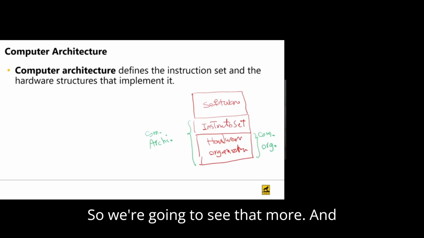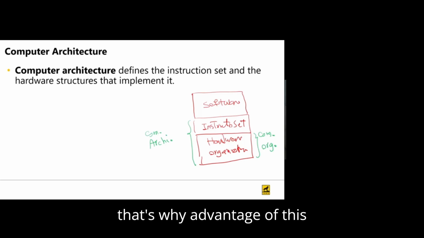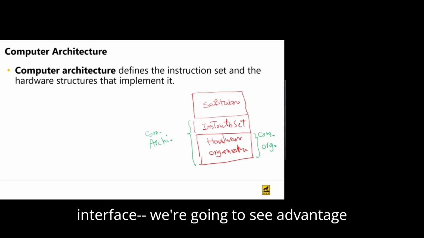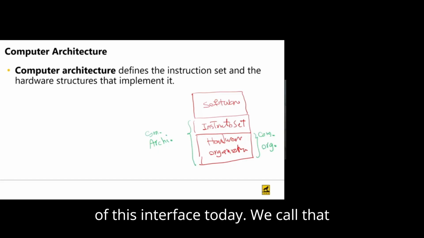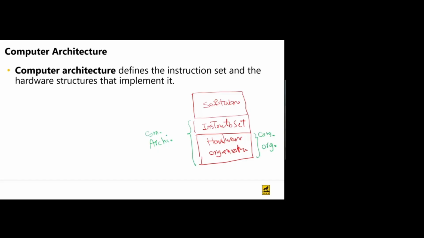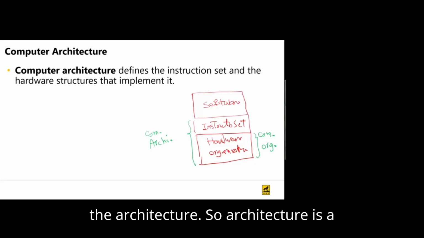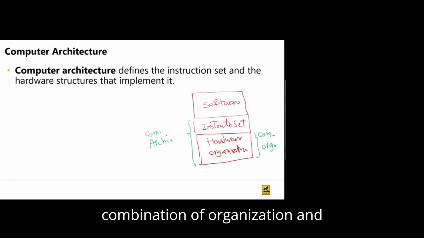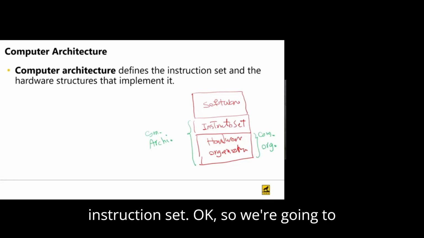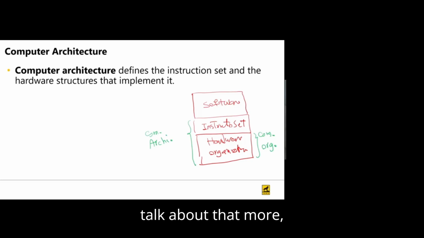We're going to see that more, the advantage of this interface. We call that instruction set architecture later. Right now, we just consider the instruction set, but it is part of the architecture. So architecture is a combination of organization and instruction set. Okay, we're going to talk about that more.